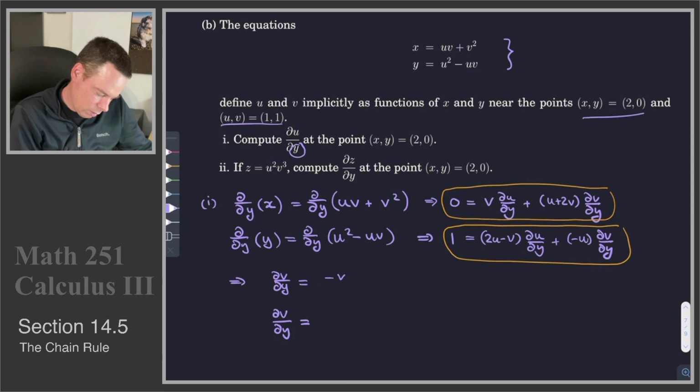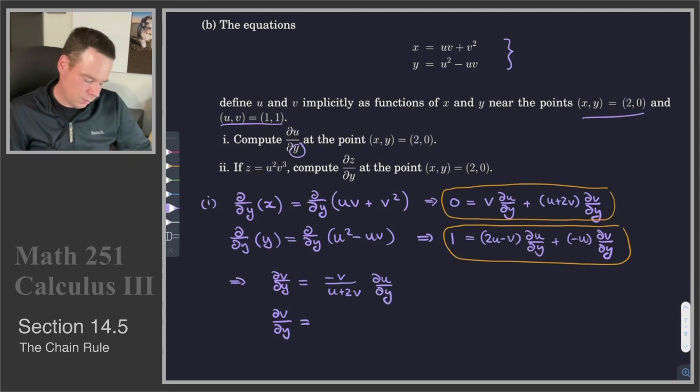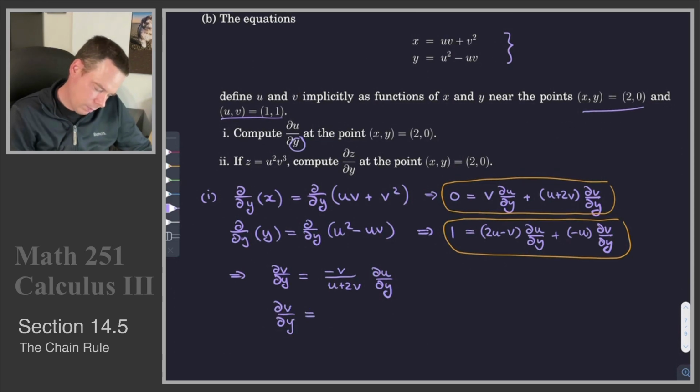So dv/dy, I can push the negative v to one side, divide by the u plus 2v, and that gives me a du/dy. So that's the first equation solved for dv/dy. The second equation we get, so I have a 1 minus 2u minus v du/dy all over a negative u.